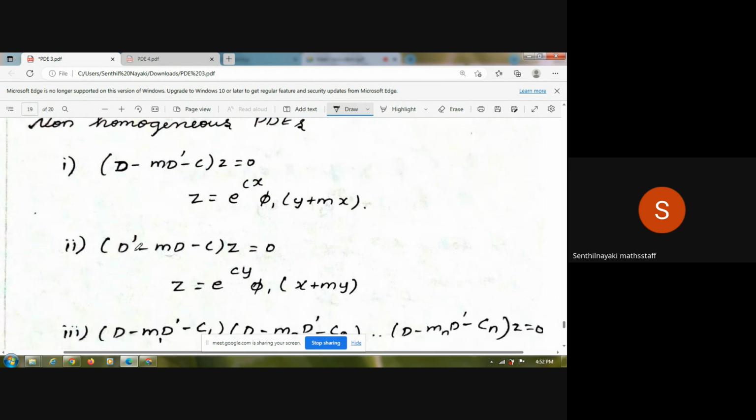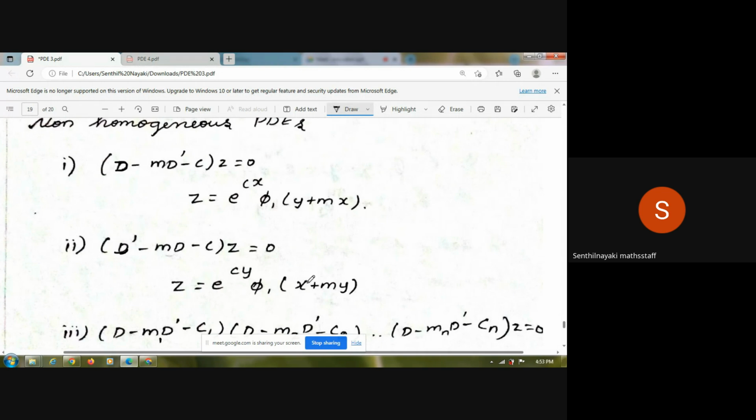Suppose in this second PDE, the first term is d dash and the coefficient of d is m and the constant term is the same c. So if the first term is d dash, then the solution pi 1 of x plus my will come.